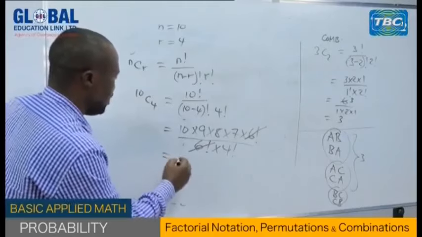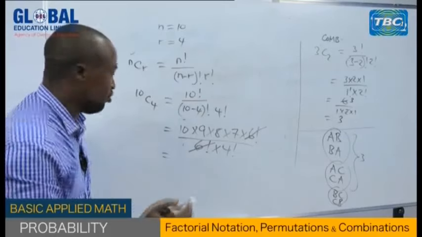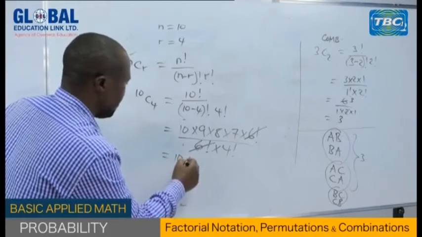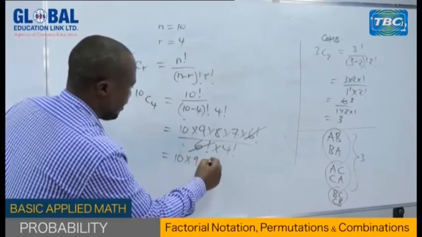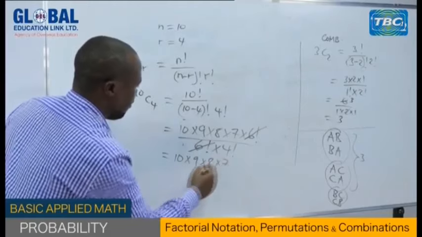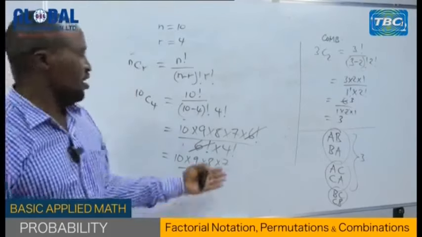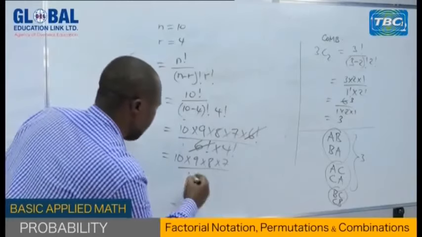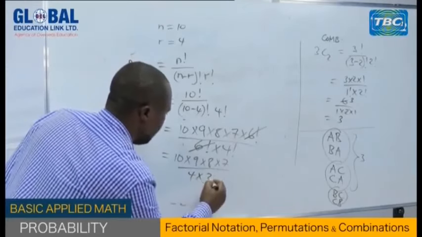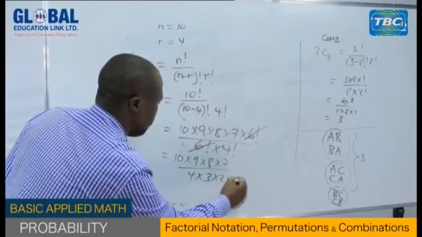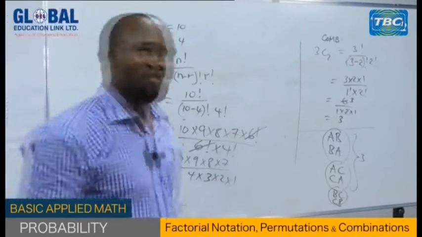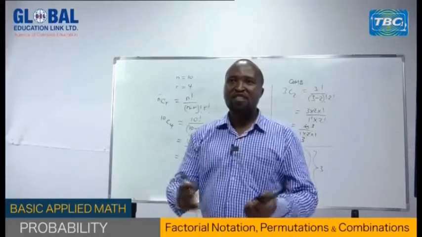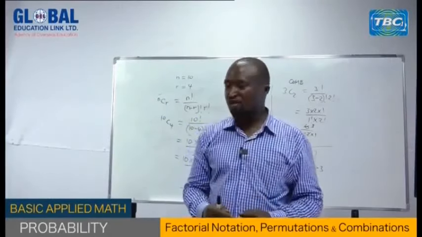So we remain with numbers without factorial in the numerator. That is 10 times 9 times 8 times 7 over, for the denominator, 4 factorial, which is the same as 4 times 3 times 2 times 1. Now, my dear student, we are in a position to use your scientific calculator to get the final answer.